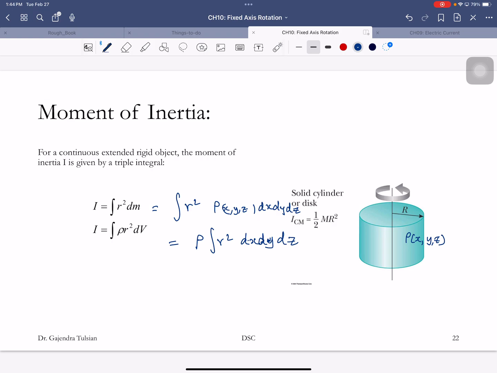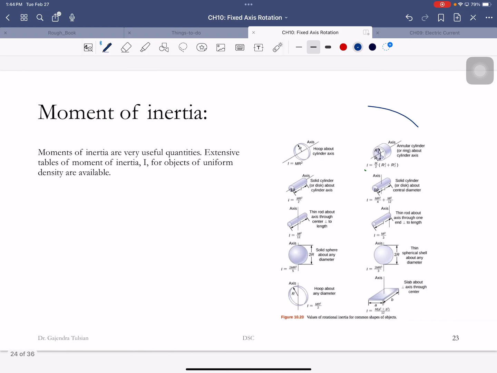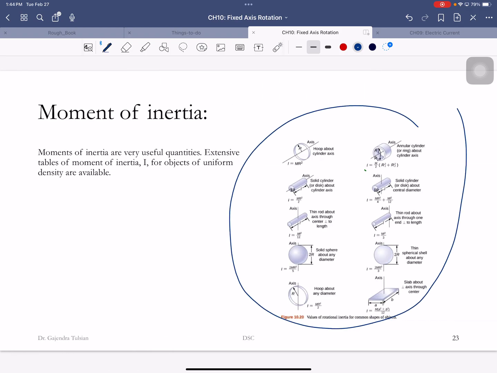And sometimes people are nice to you, so somebody has done these integrals for you, about special axes. So the moment of inertia of a hoop about that axis is just mr squared. The moment of inertia of a solid cylinder about that axis is mr squared by 2, and so on.